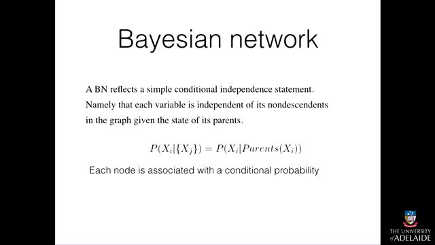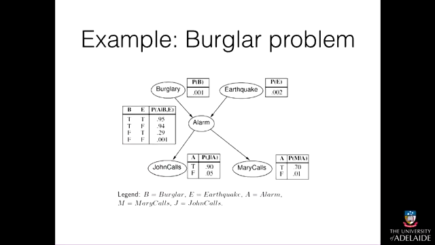And so in this case, we can associate each node in a Bayesian network with a conditional probability, or sometimes in a discrete case, just a table, a conditional probability table. This is an example. We have 5 random variables here, and each one is associated with a conditional probability table.